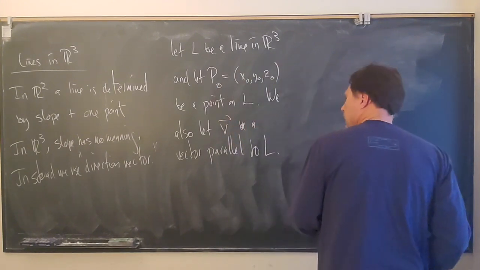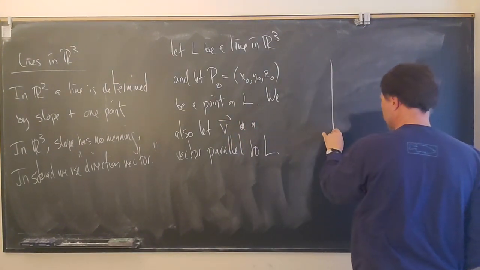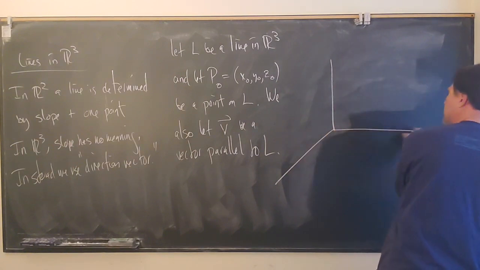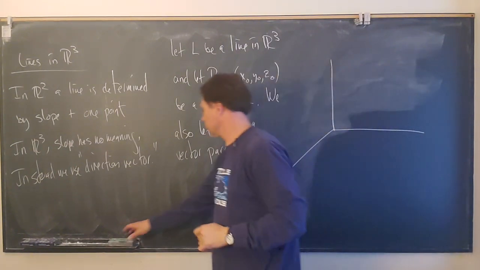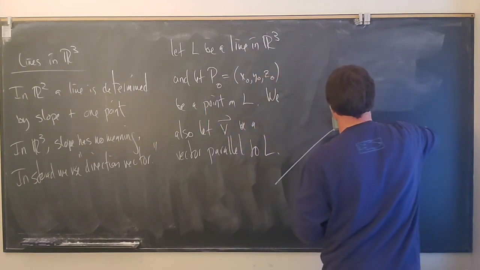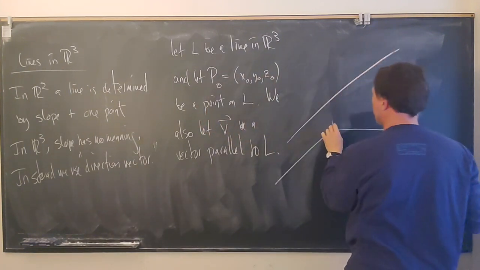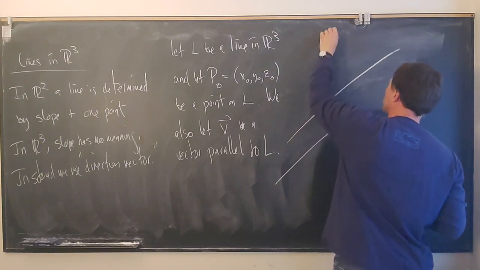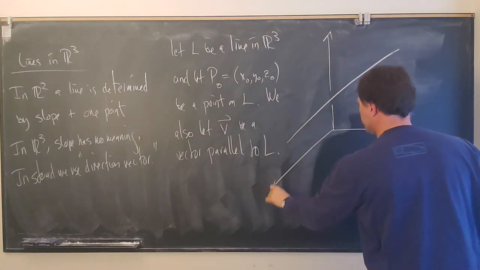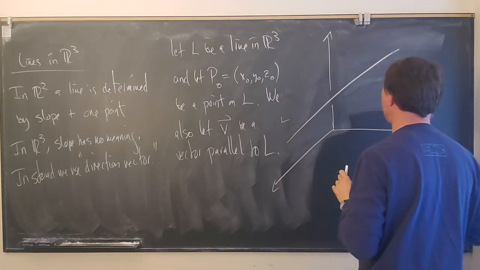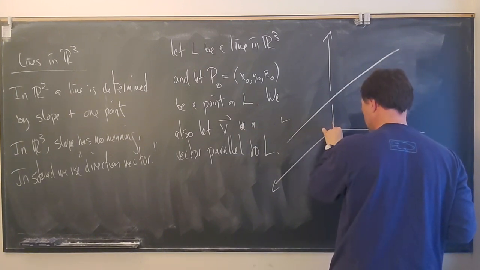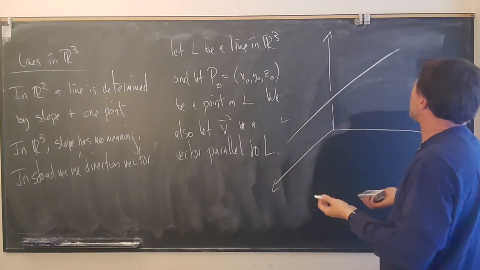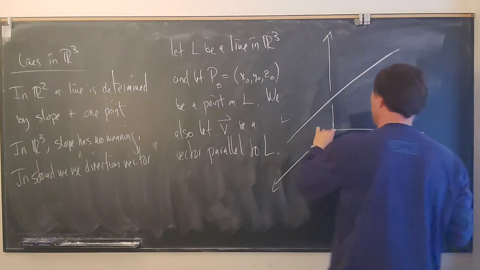So let me draw the picture here. Right now we're in three dimensions, so I've got a line. Let me put a little bit of depth to it. So here's my line L. I need a vector that is parallel to the line, so it doesn't actually need to live in the line, but it needs to be pointing in the same direction.